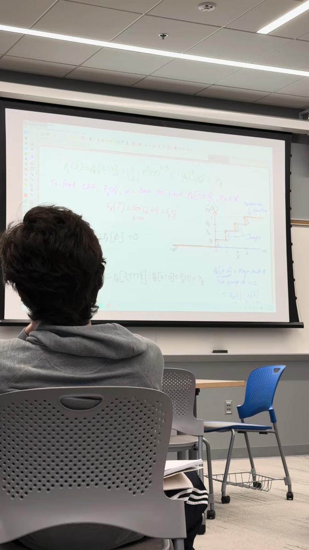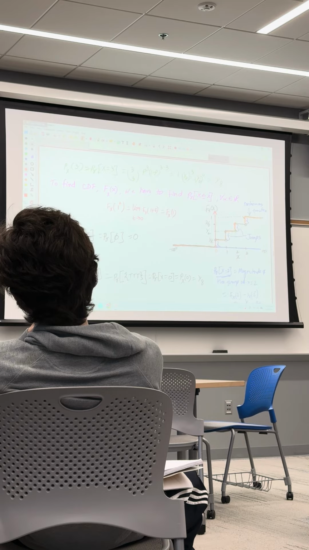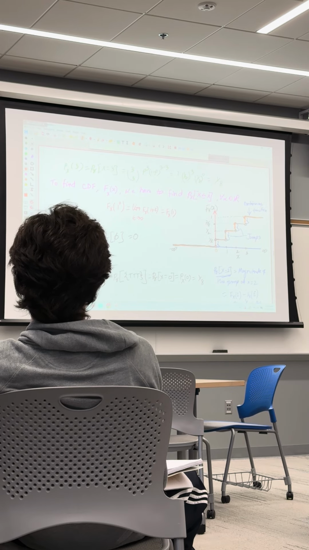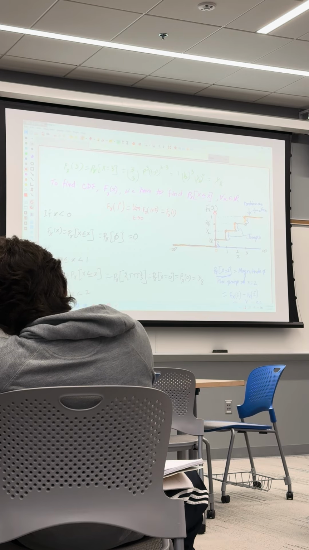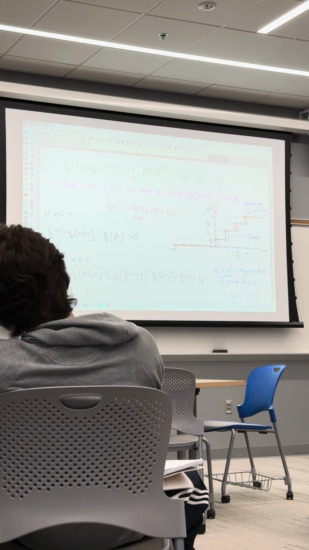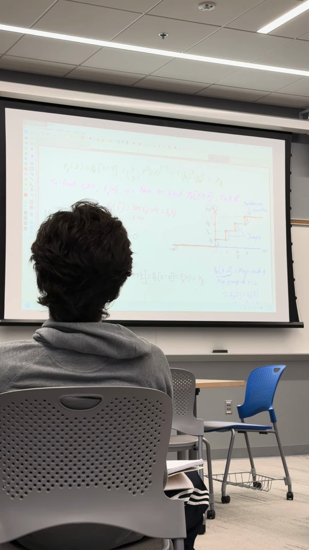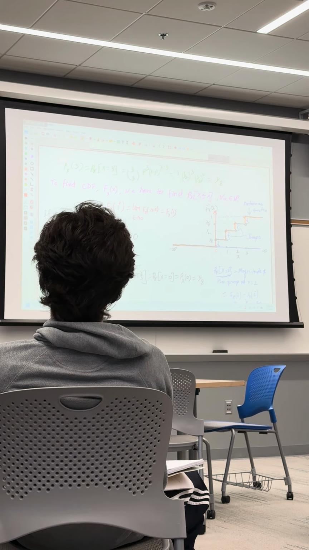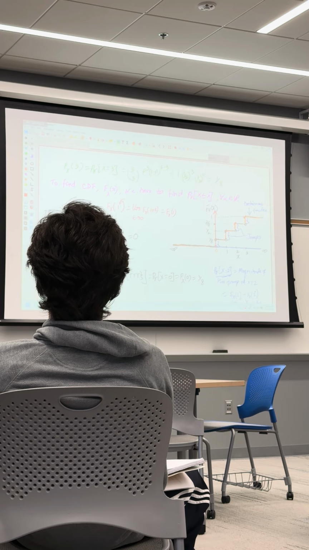So 1 plus epsilon is exactly the same as f sub x of 1. Which means that if you want to evaluate right here, for a very small epsilon, it is going to be exactly 1. That's what it means that it is continuous from right. But the opposite is not true.